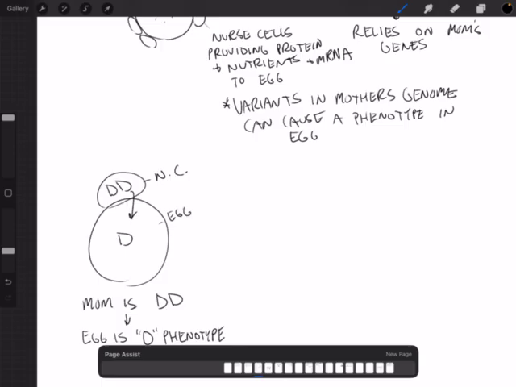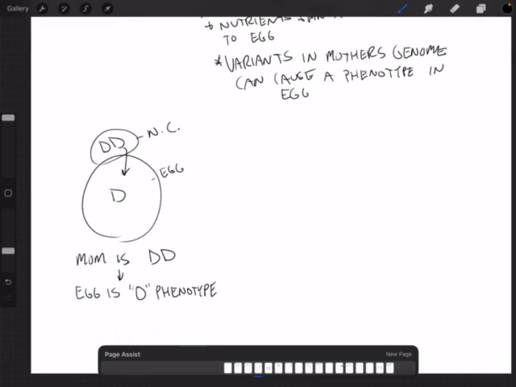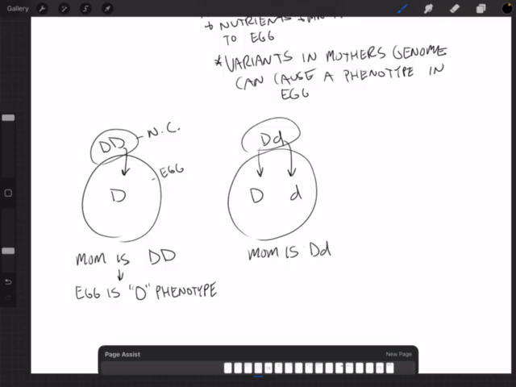Because no matter what the egg has as its genome, it's going to have the dominant D allele from the mom in the egg. Okay, you can also have a situation where the nurse cell could be heterozygous. Well, now the egg is going to be getting both the dominant D allele and the recessive d allele. So mom is heterozygous. The egg is going to then be also the D phenotype, the dominant D allele.